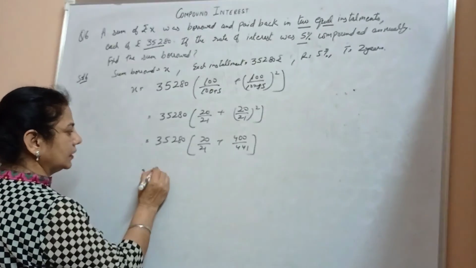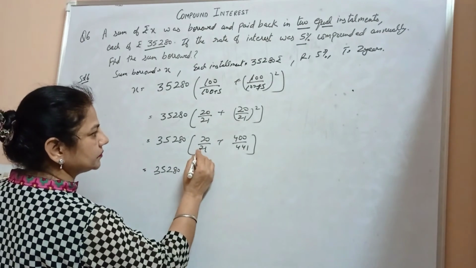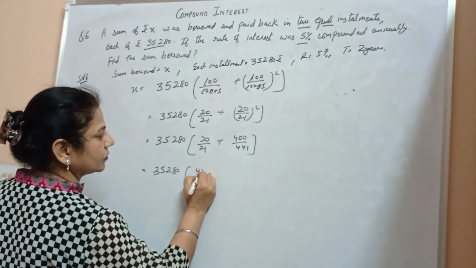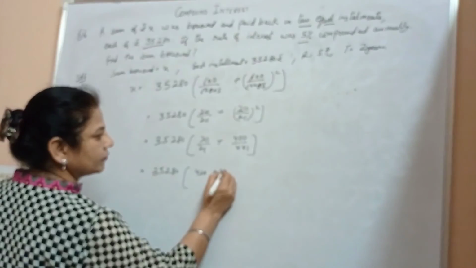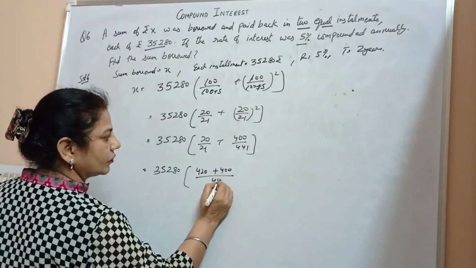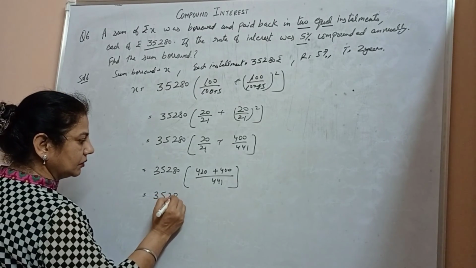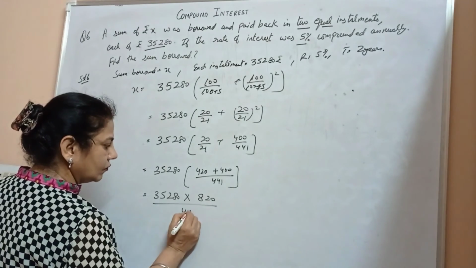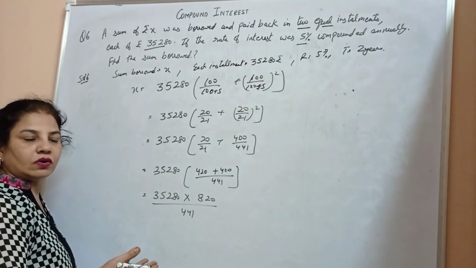Take the LCM: 35,280 times 420 plus 400 upon 441. Again on solving, 35,280 into 820 upon 441. This is a simple calculation, no need to take the log on both sides.